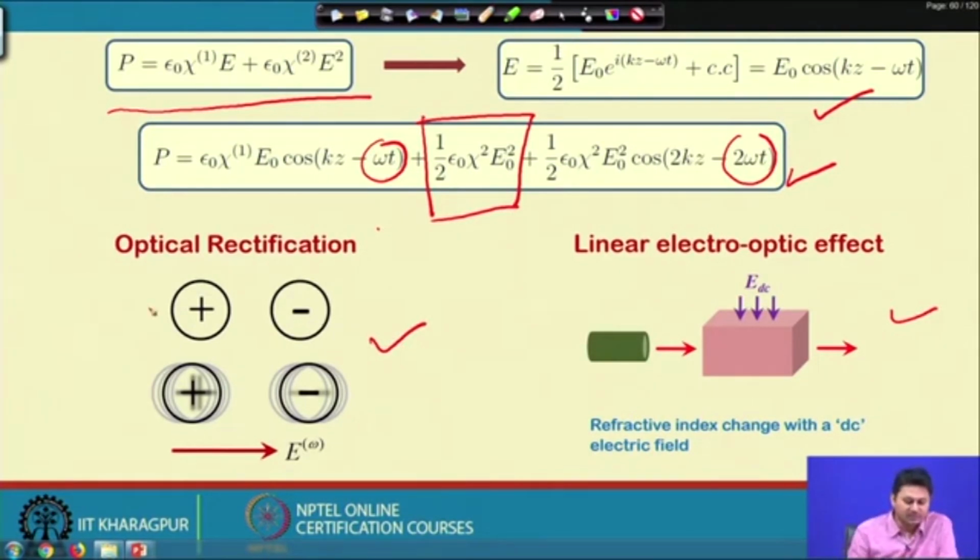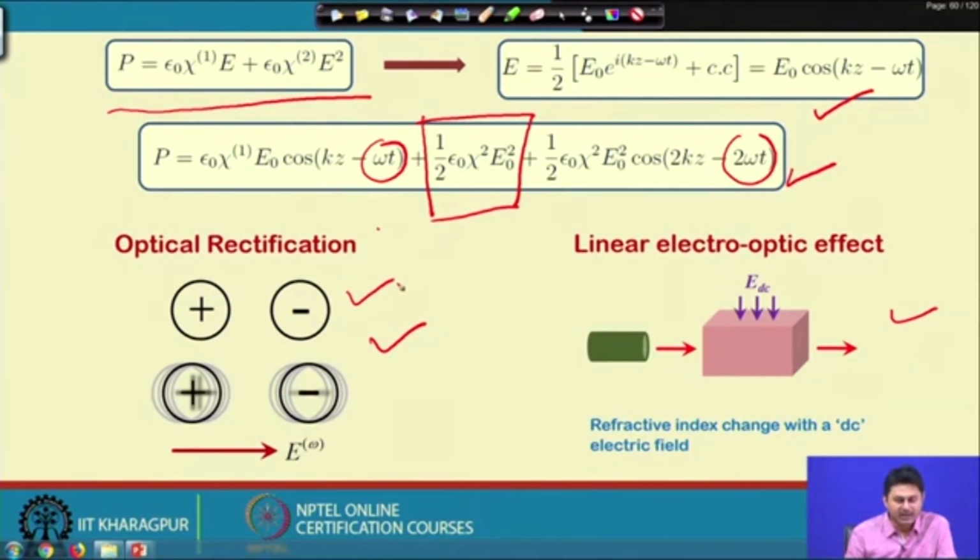In the first case we have the dipole, and the charges of the dipole are well separated. Now if I apply some kind of electric field, the charges are going to vibrate. The first one is a case where the launched electric field does not have any frequency component.